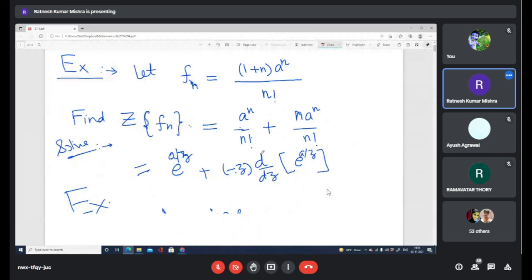Now using the shifting theorem, Z transform of Fn plus 1 is z times (F(z) minus F naught).